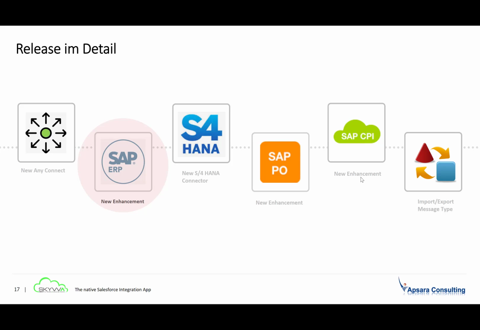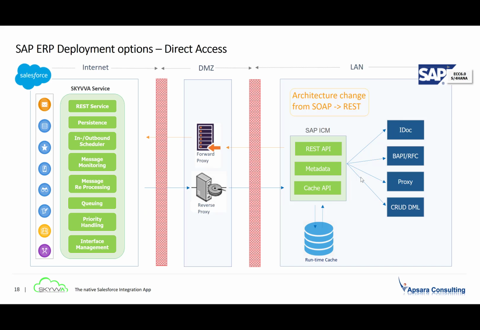Now let's jump to what we have done with the SAP. Here we have enhanced the SAP connector. We have switched from the SOAP technology to the REST technology. That is the main redesign, and we have redesigned to add a cache here, a runtime cache on the SAP side, because we want to speed up the processing.